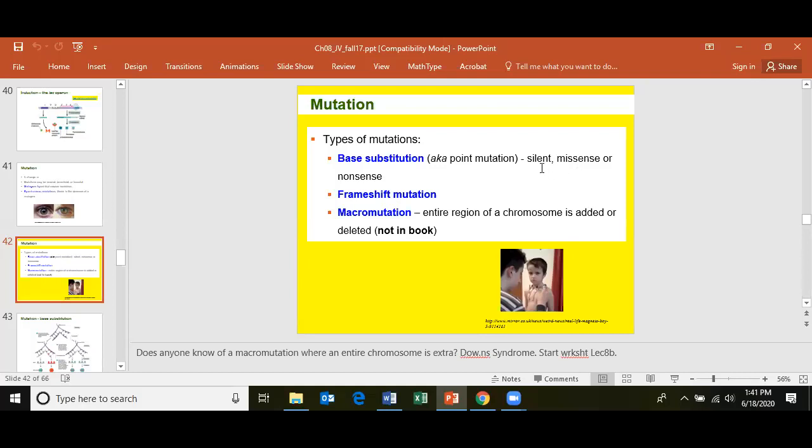A silent mutation is where you change the nucleotide, the DNA, but the protein is not changed because the codon codes for the same amino acid as the original codon. Is that clear? I can show you the codons if you need to see that.